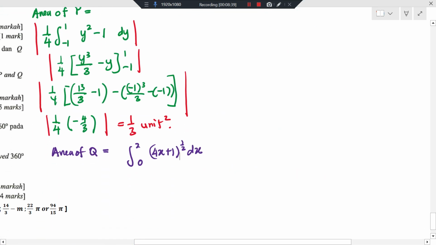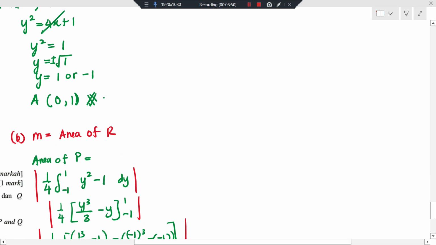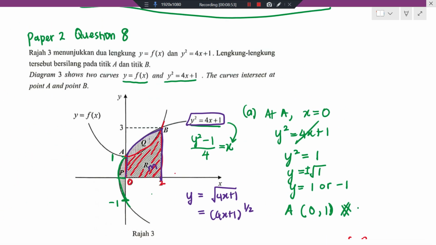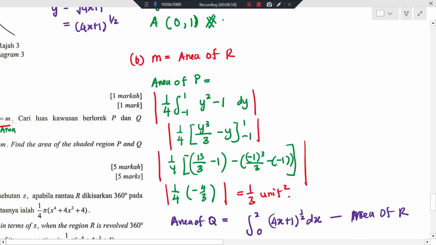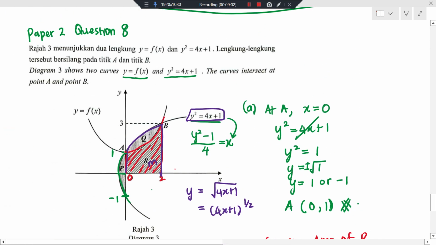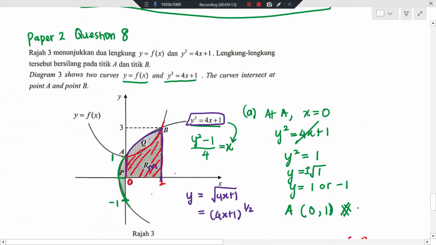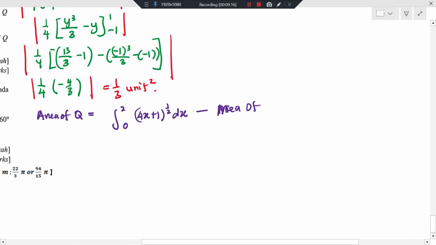So we don't want the R area, so we minus the M. Area of R, I put area of R first, because you want specifically the area of Q. If I tell area of Q, the whole thing here, everything below the curve, but we want the Q only, so we minus the M. That's why we minus M. So we minus the area of R, which is M.